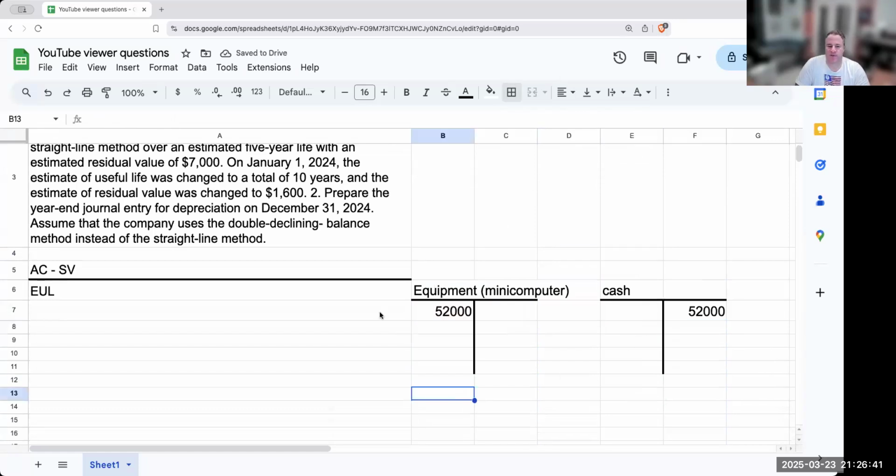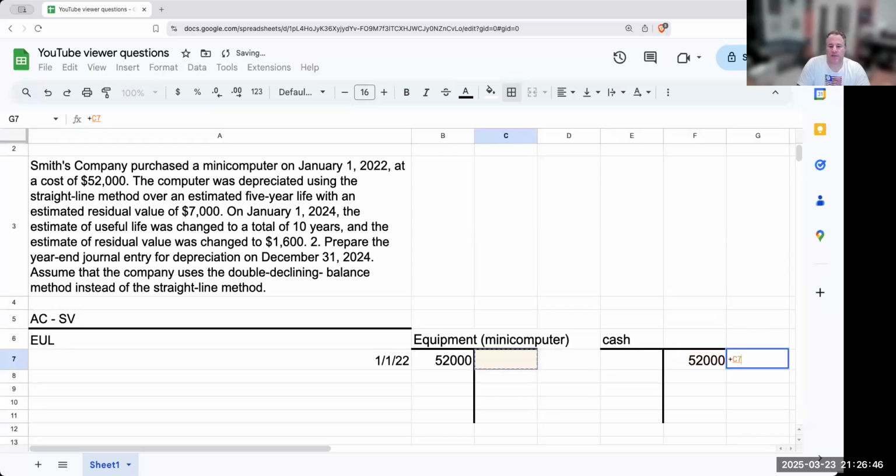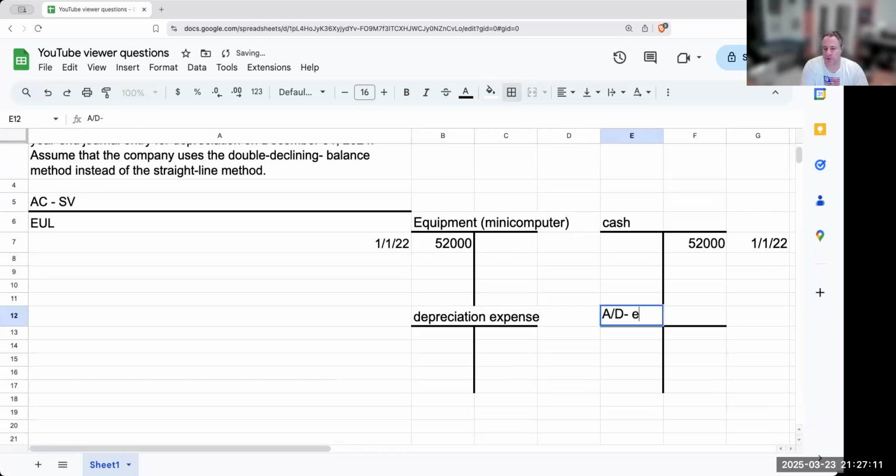Now, this occurred on 1/1/22, and this is also on 1/1/22. When I do the initial depreciation, I'm going to record the use of the equipment. The journal entry is always going to be the same: I'm going to debit depreciation expense, and I'm going to credit accumulated depreciation on the equipment.